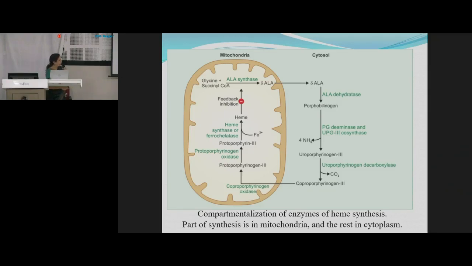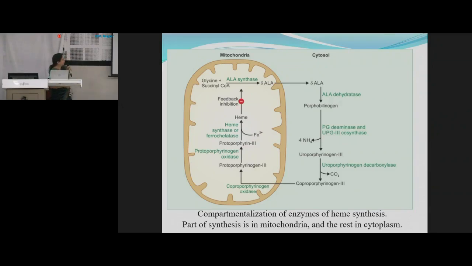Now this coproporphyrinogen enters the mitochondria. In the mitochondria there is the enzyme coproporphyrinogen oxidase, which converts coproporphyrinogen 3 to protoporphyrinogen 3. This protoporphyrinogen 3, in the presence of the enzyme protoporphyrinogen oxidase, gets converted to protoporphyrin 3.